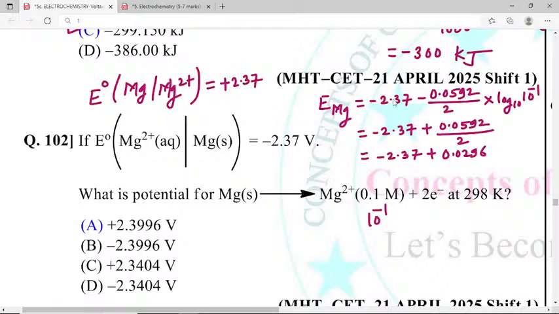So it should be a plus value, because this is Mg and this is Mg2 plus. So what we have to calculate is E of Mg and Mg2 plus, this is the question mark.